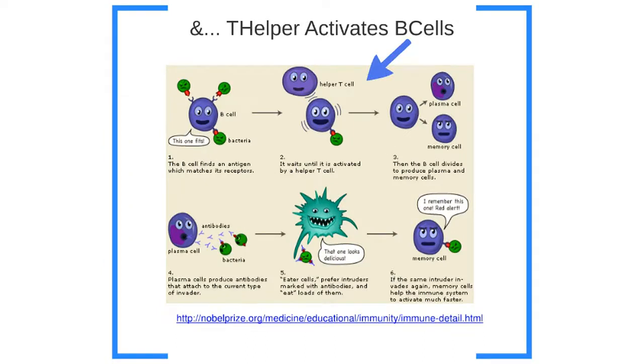And here is that T helper cell in the center. It is already activated. And here you'll see a B cell is recognizing that there's an antigen on board. And that B cell then divides and produces this memory cell. And the memory cell is what says, aha, I know what the chickenpox virus looks like.